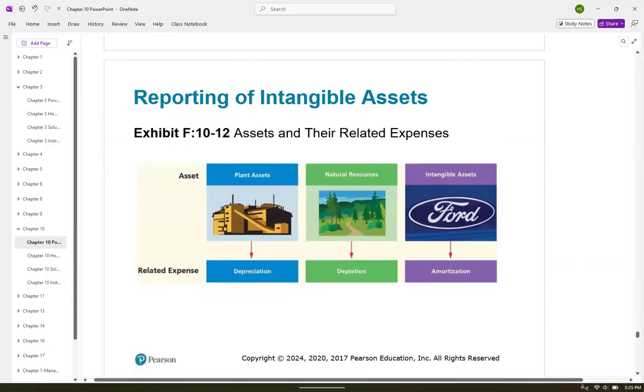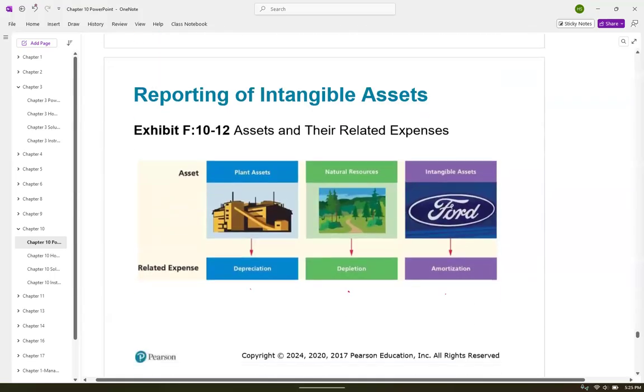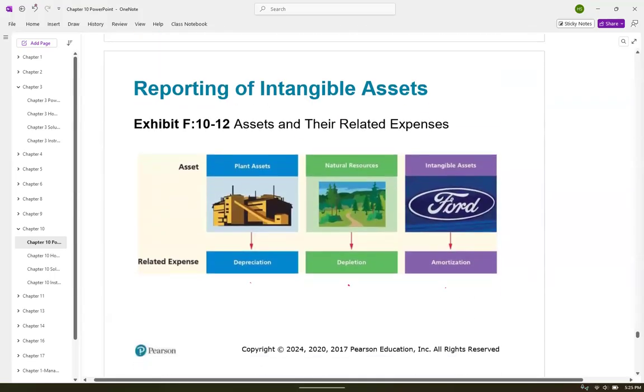And just some of these assets and their related expenses. I've already given you this at the beginning of this video. Plant assets are depreciated, natural resources are depleted, and intangibles are amortized. And that is all for Principles of Accounting 1 and Chapter 10.